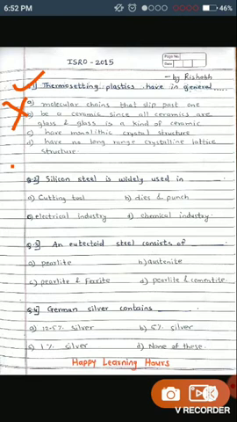Now if you compare a thermoplastic and thermoset plastic, the major difference is thermoplastics at room temperature they are solid, while if you heat thermoplastic they will turn into a liquid, while in case of thermoset plastic at room temperature they will be in liquid state. If you heat it they become hard.